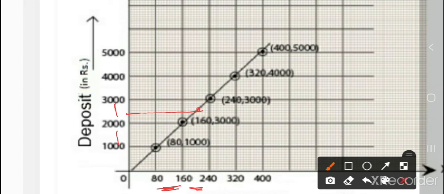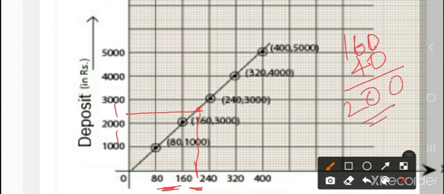So what will be coming here? If it is 80, what is half of it? It will be 40. So 160 plus 40, that is, 160 and the half of 80, which is 40, you will get 200.